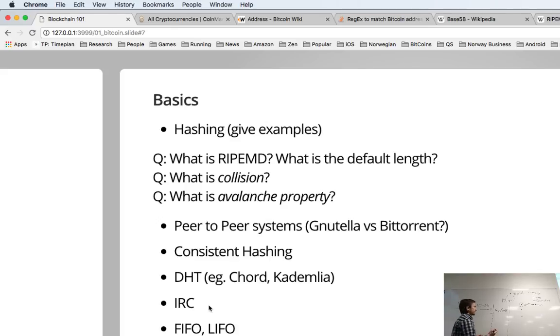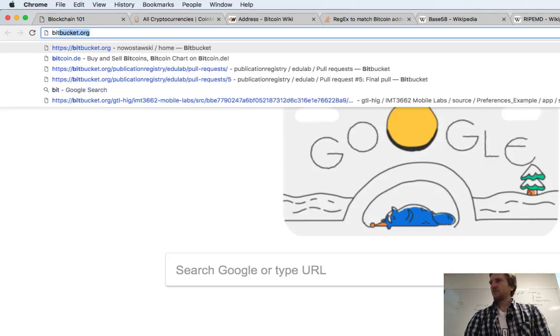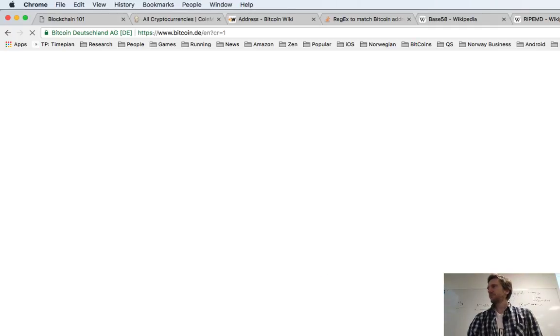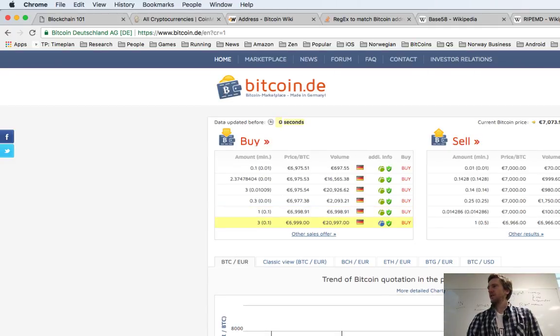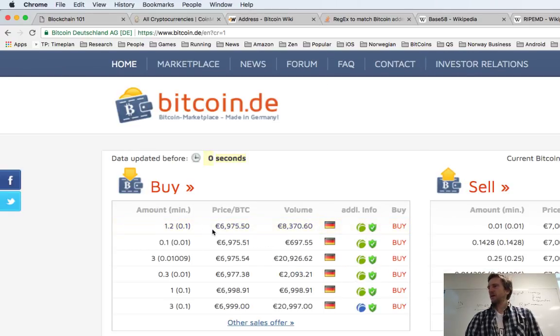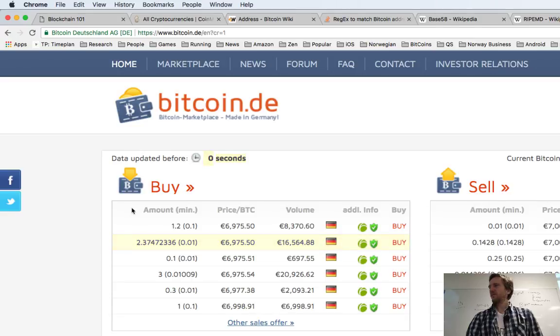If you had to buy, you can go to some exchange, for example Bitcoin.de. It's a German exchange. You register with them and you have the current ask price for buying and for selling, and they basically match buyers and sellers together.